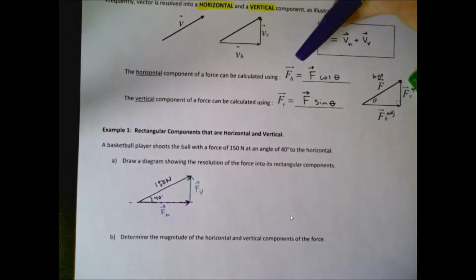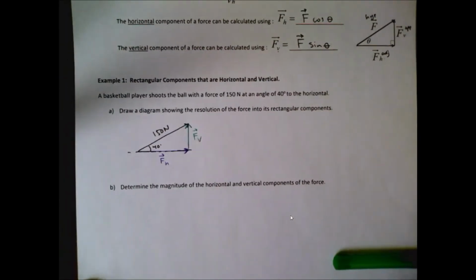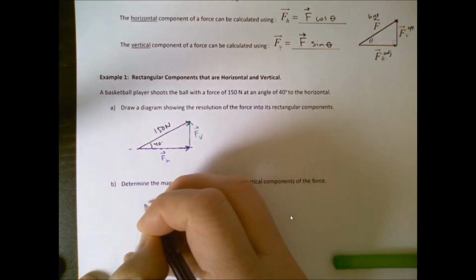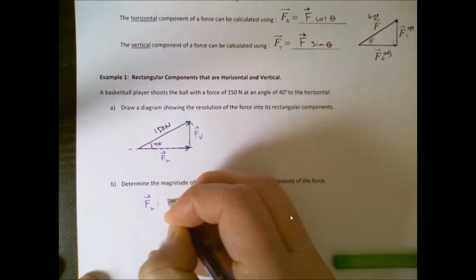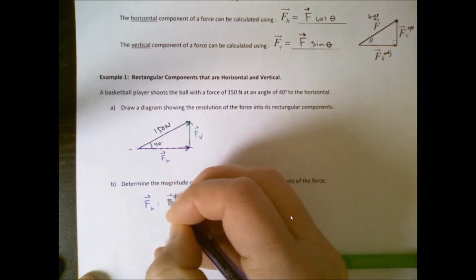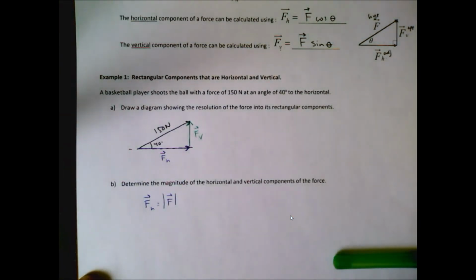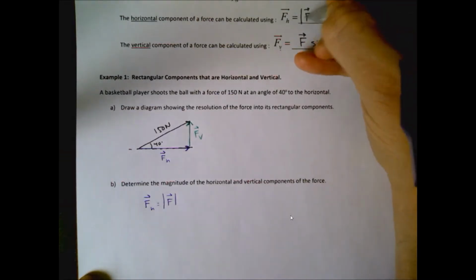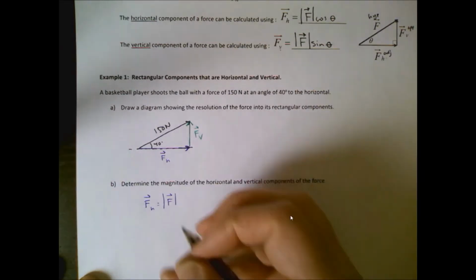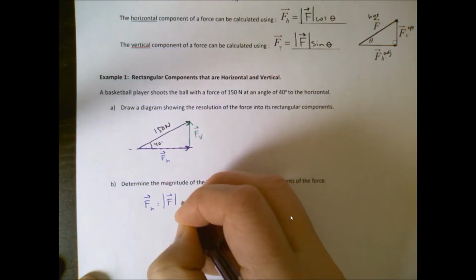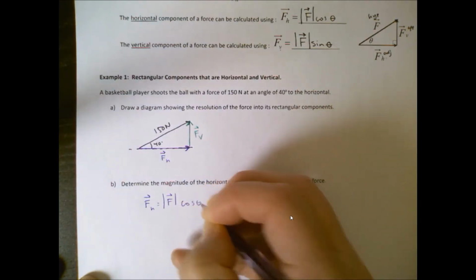So the magnitude, pretty straightforward. If I want the horizontal force, this is just the magnitude of the overall force. Oops, I made a mistake here again. Mr. Wells, come on, these should be magnitudes. Times cos theta.